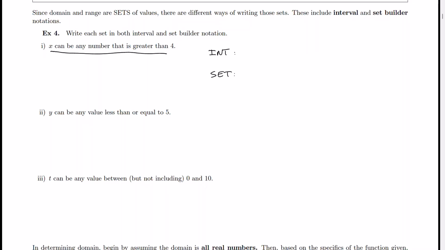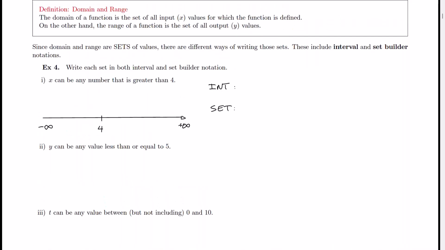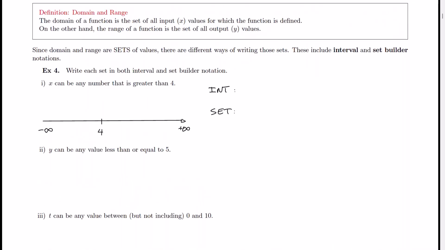Since x could be any number bigger than 4, if I imagine all the numbers placed on the real number line with plus infinity on the right side, negative infinity on the other side, and 4 somewhere here, the sentence would imply that x could live anywhere here. It could be 5, 6, 7, or anything bigger than that. However, it cannot be 4 itself because it must be strictly greater than 4.